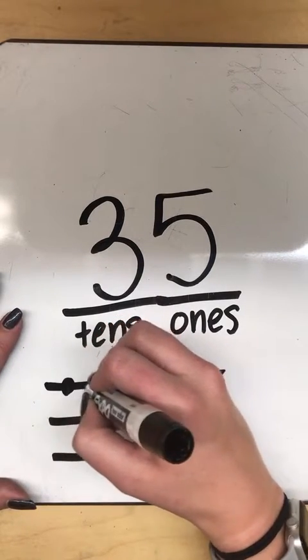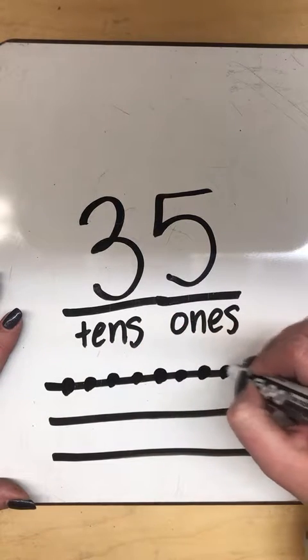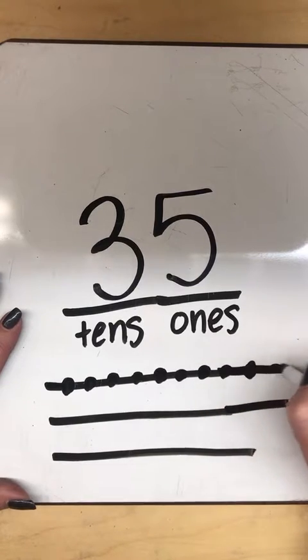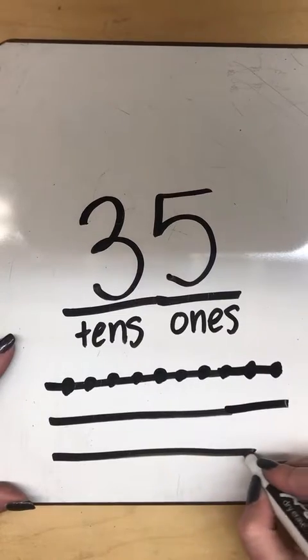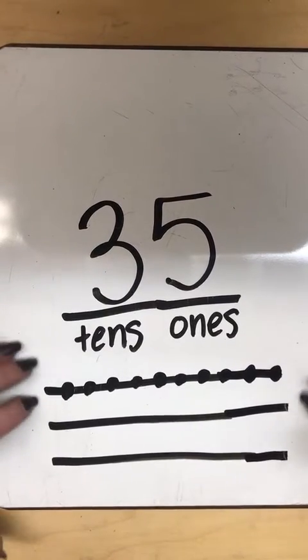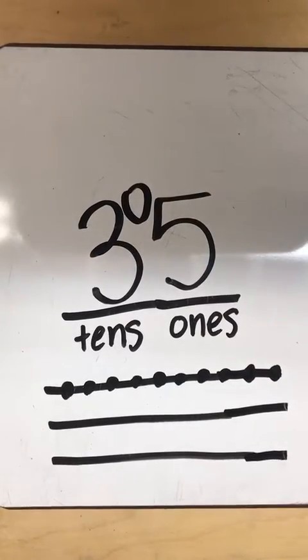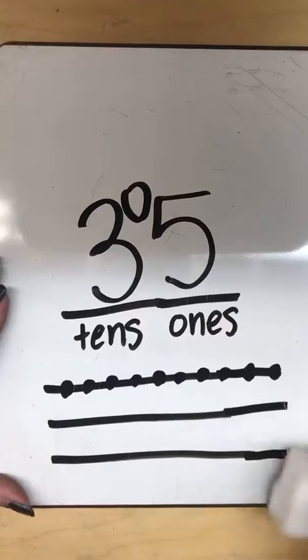So 1, 2, 3, 4, 5, 6, 7, 8, 9, 10. Gotta extend that a little bit. So then each of these have 10 in them as well, so that they understand that really this is saying 30. So that's why we're able to borrow from it.